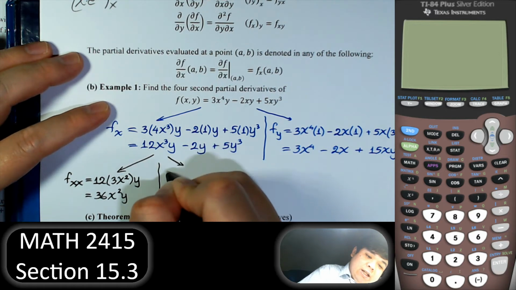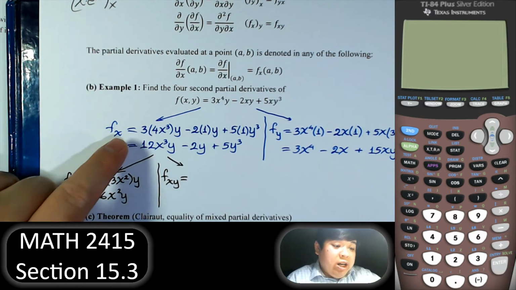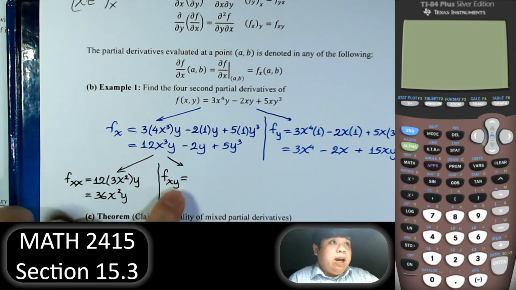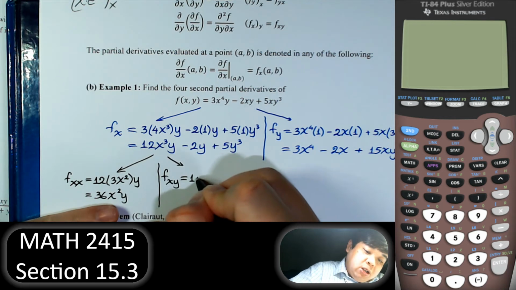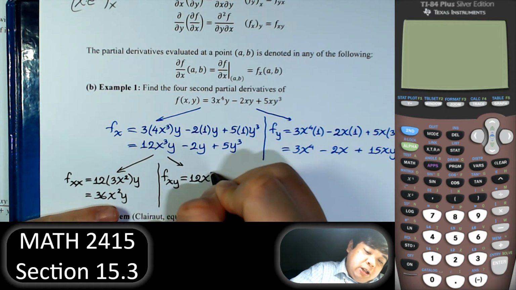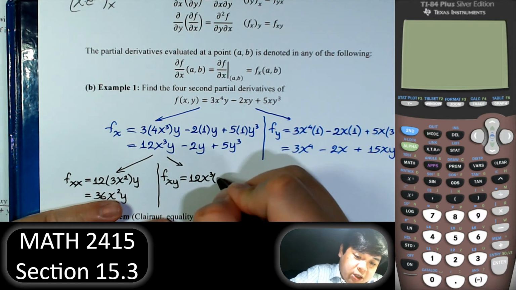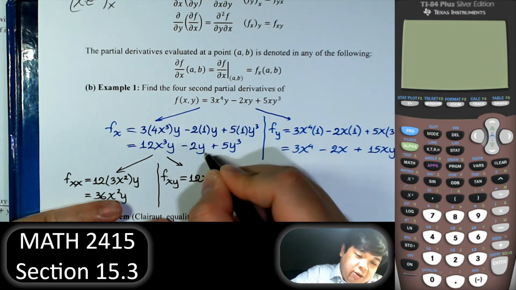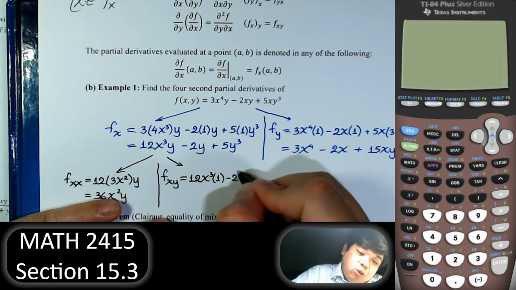Now, take the derivative of this with respect to x, then with respect to y. So we already took the derivative with respect to x, and now we'll take the derivative with respect to y. The 12x cubed here is a constant, so it'll stay there. The derivative of this with respect to y is 1. The derivative of negative 2y with respect to y is 2. The derivative of that with respect to y is 15y squared.